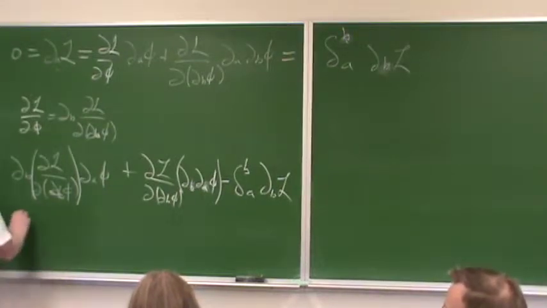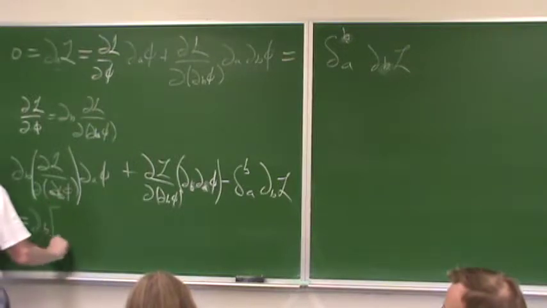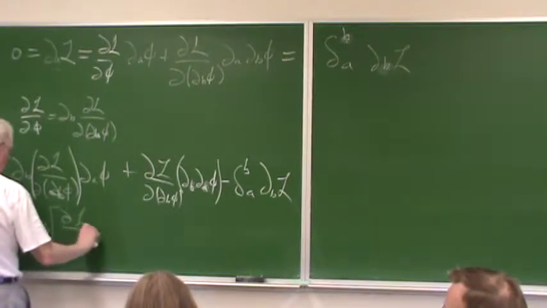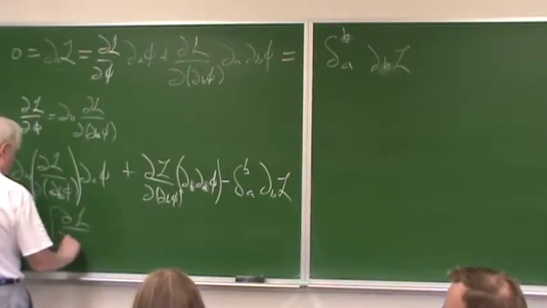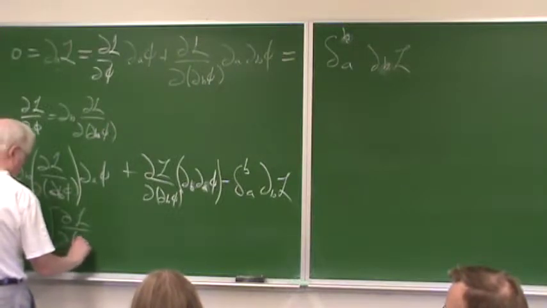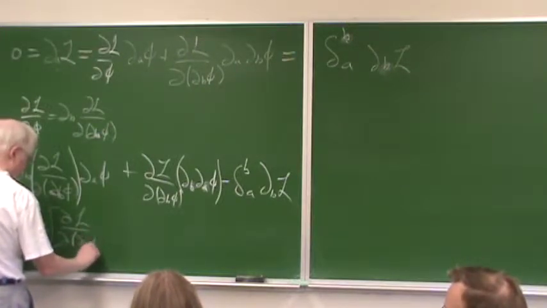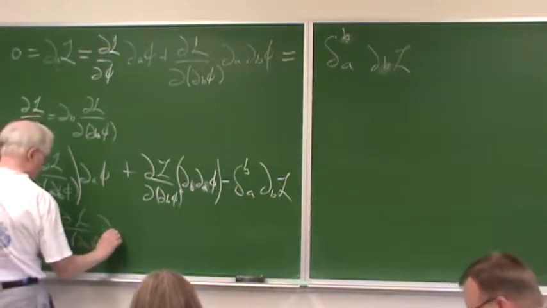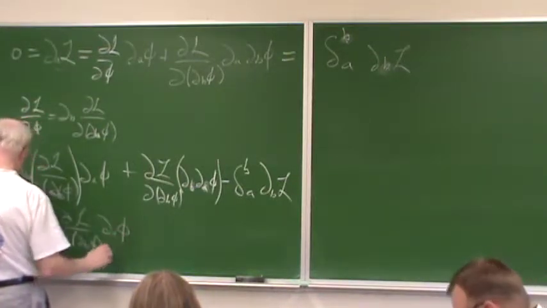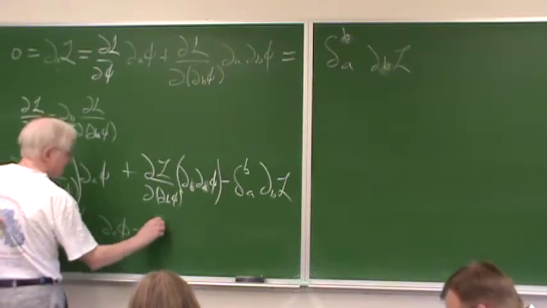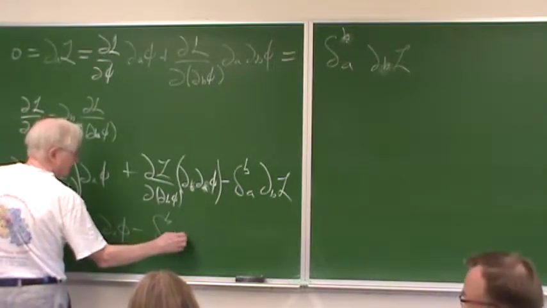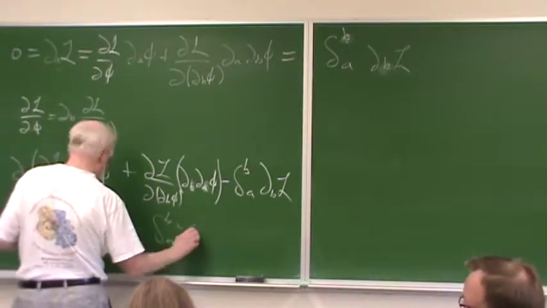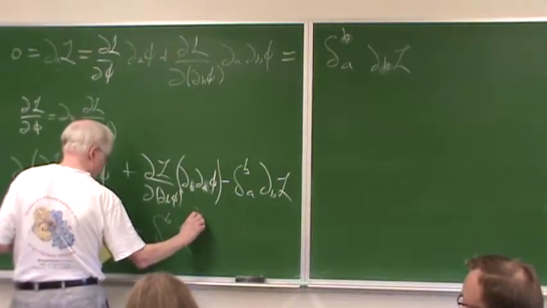So what this says is that 0 is equal to dB of partial L partial dB phi, partial A of phi minus delta BA of the action density itself.